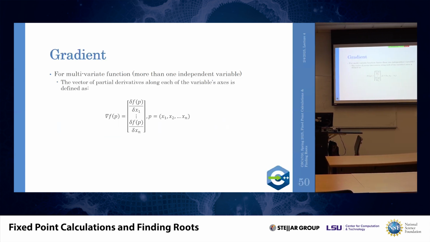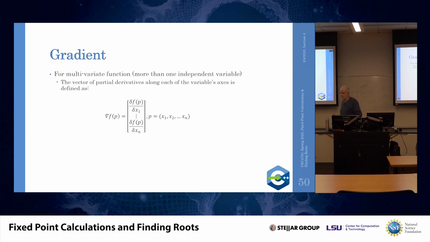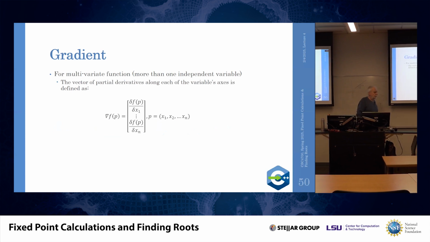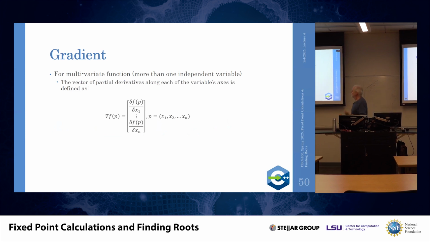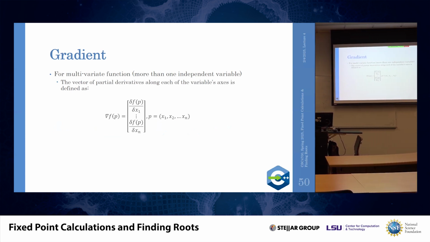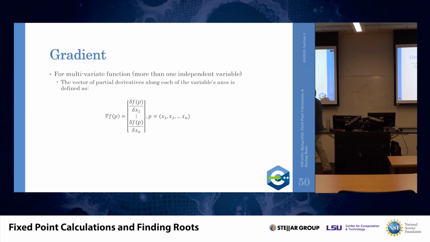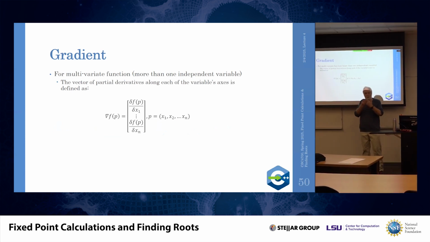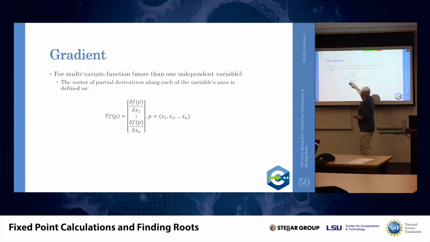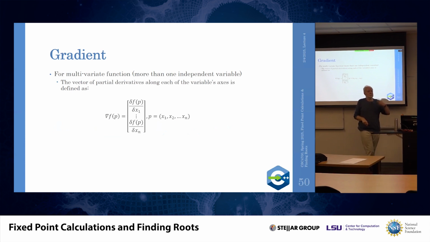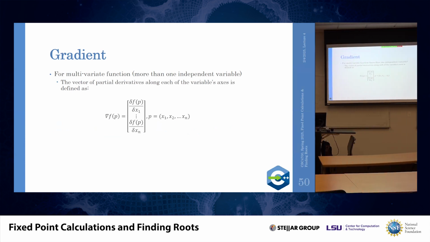Okay, for that, let's extend the notion of a gradient to a function that has more than one independent variable, so a multivariate function, a function that depends on x and y or on a whole set of variables. And in this case, the gradient is defined as a vector of the partial derivatives of that original function at that point.